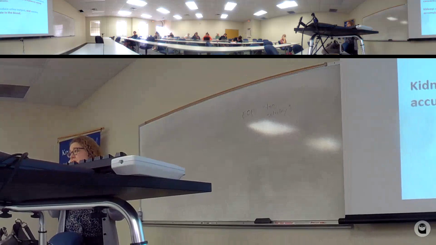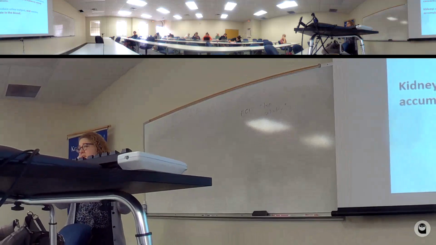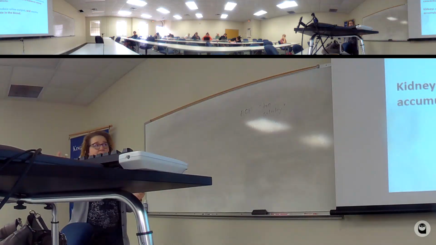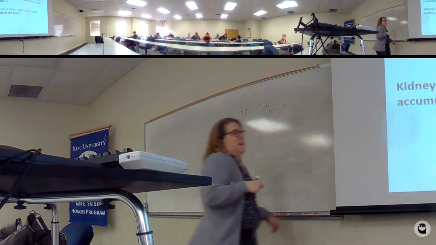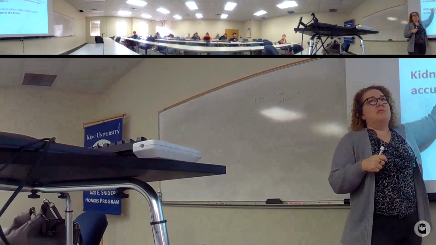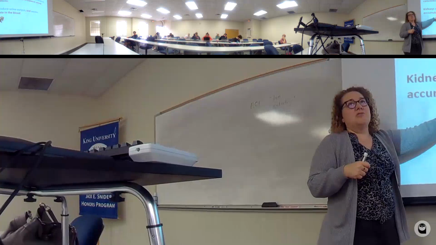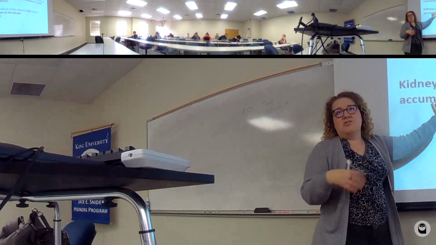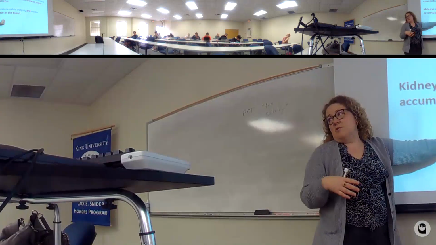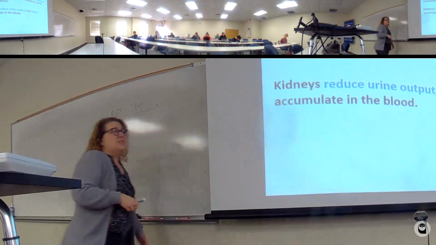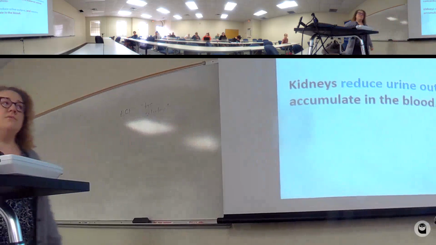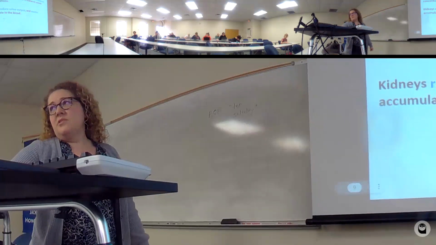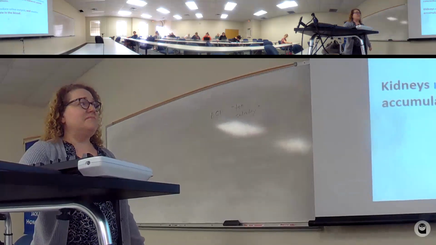You will make less urine. Your urine will be concentrated and low volume. But as your kidneys are trying to help you with this, if they're not making as much urine, they're probably not doing the best job they can to get wastes out of your body. So dehydration can also lead to wastes accumulating in the blood more than they should.